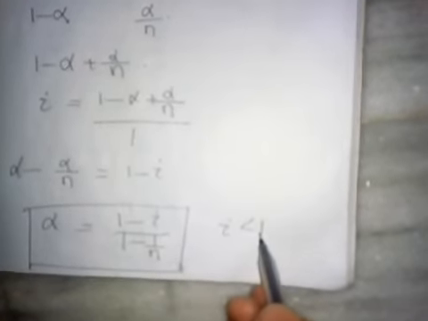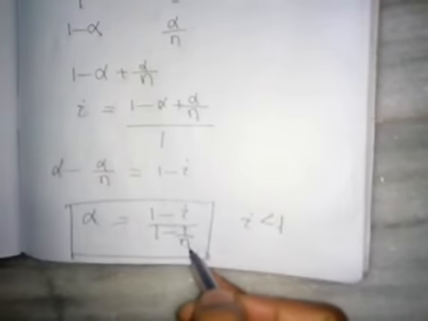Now we can sum it up as, when association takes place, the Van't Hoff factor is less than 1, and alpha, the degree of association, can be given as (1 minus i) by (1 minus 1 by n), where n number of solutes undergo association.